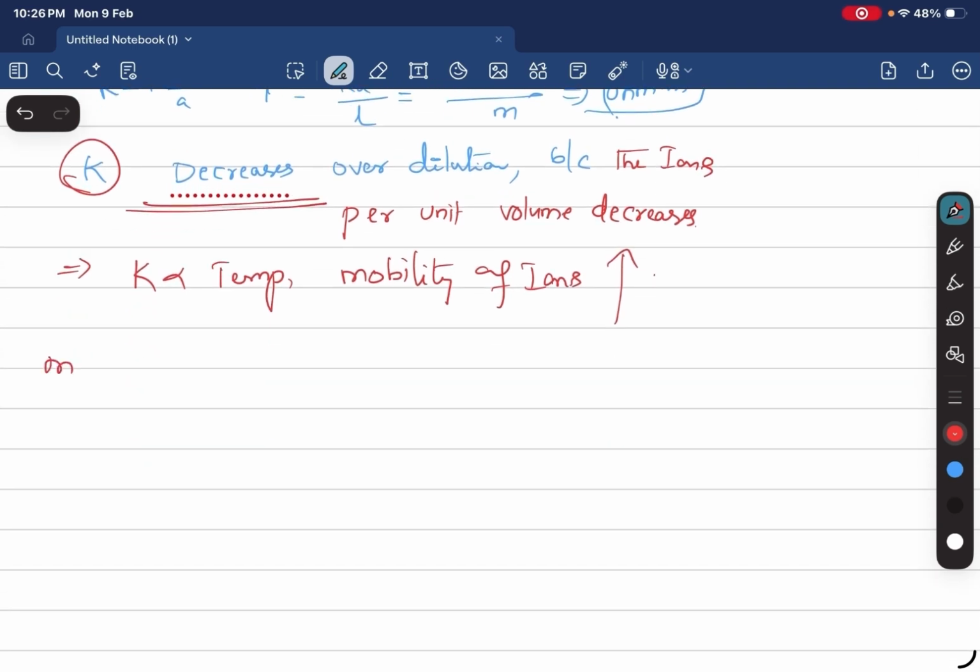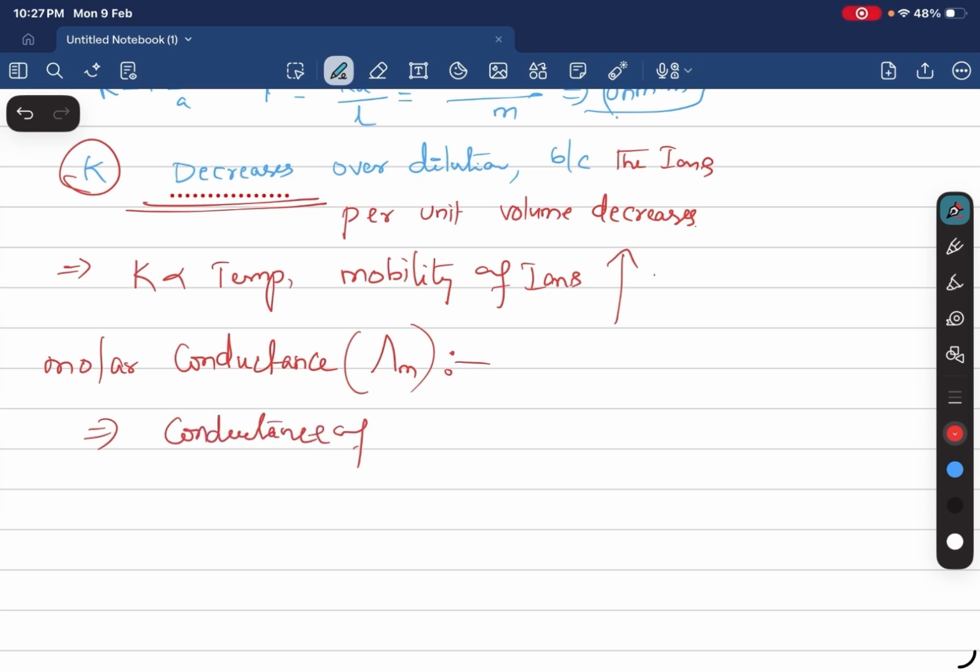Coming to the next one, molar conductance, which can be indicated as lambda m. Molar conductance is the conductance of all ions produced by 1 mole of an electrolyte.